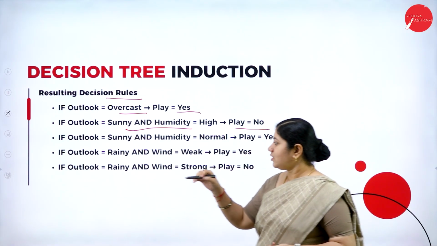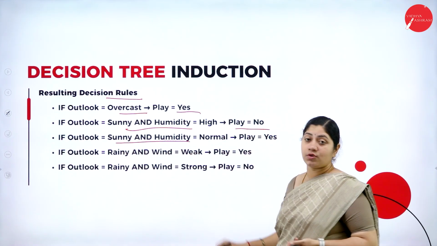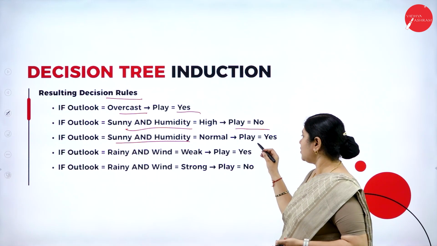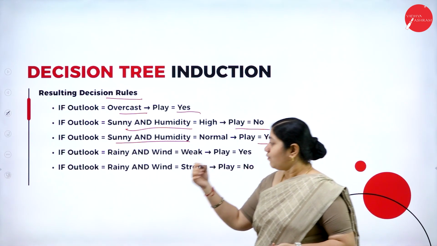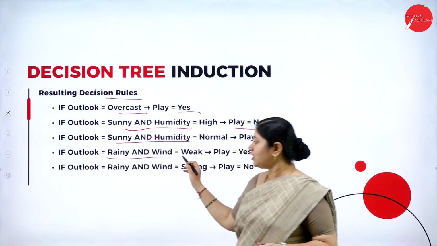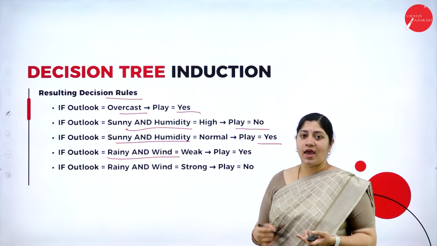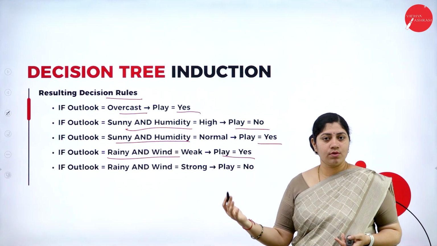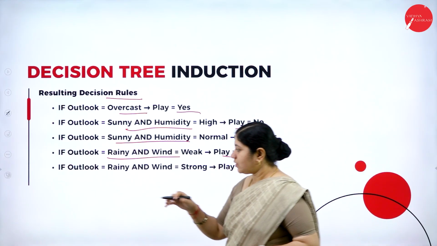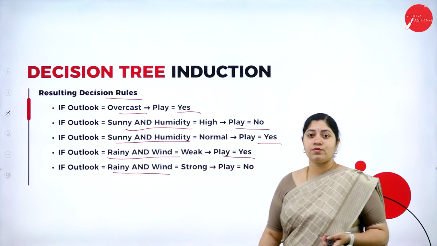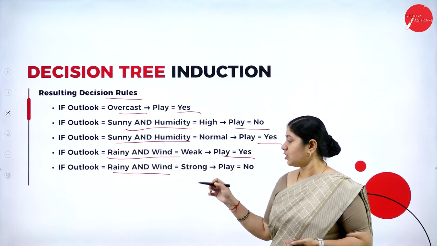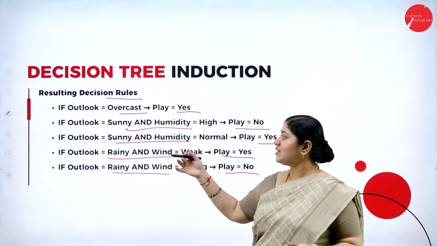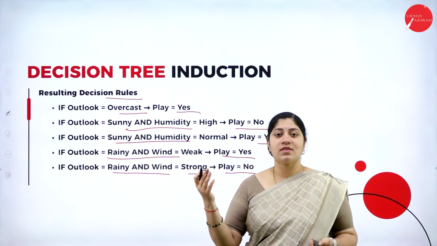No. Further, if my outlook is sunny and humidity is normal, then yes, we can play the tennis game. Forward, if my outlook is rainy and the wind is weak, even in those cases, yes, we can play the tennis game. Further, if my outlook is rainy and the wind is strong, then no, we can't play tennis. So this is how we can make the decision rule.